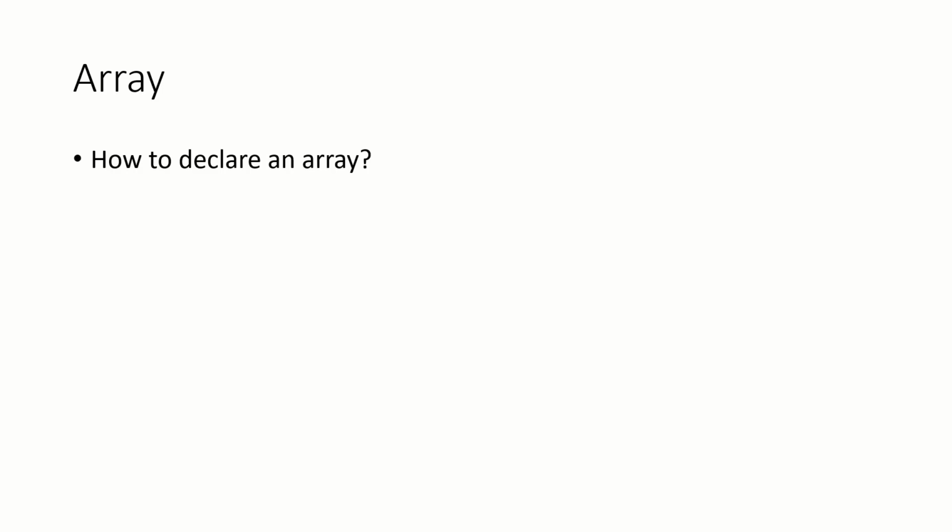It probably will ask you how many ways you can declare an array. I list the questions; you need to ask yourself whether you understand or not. First, how to declare an array?